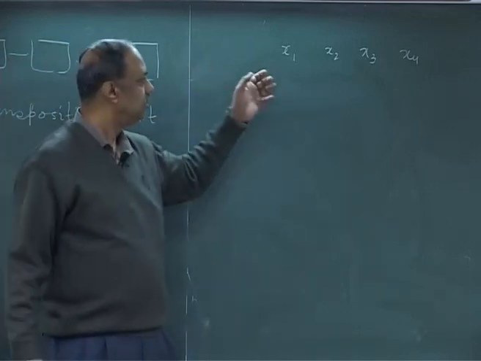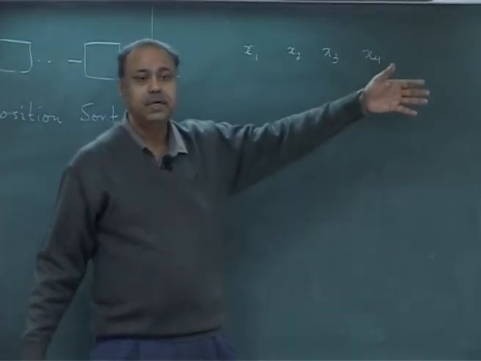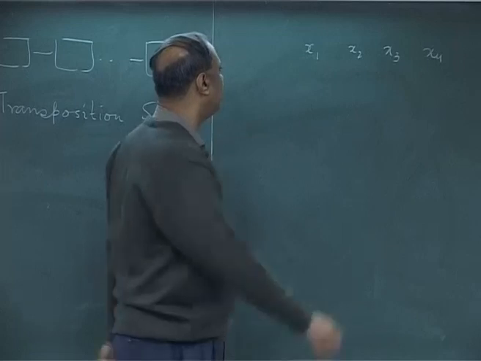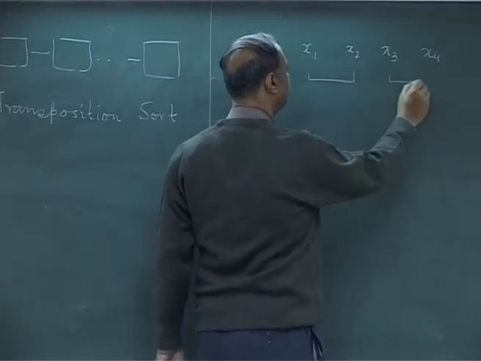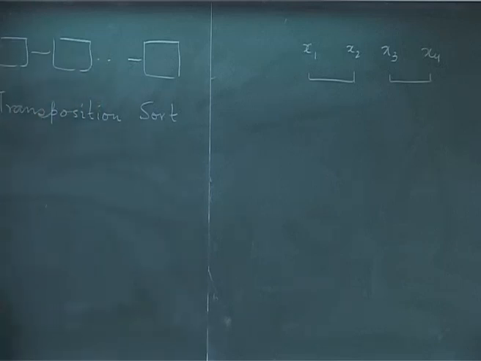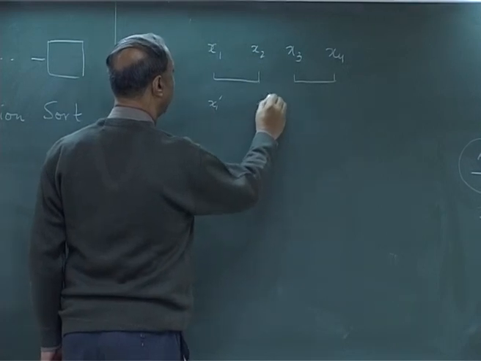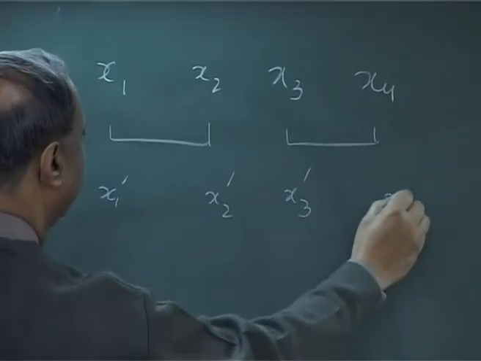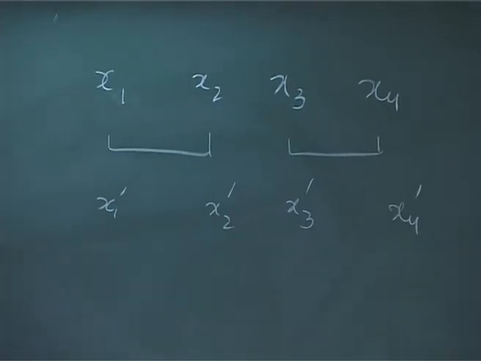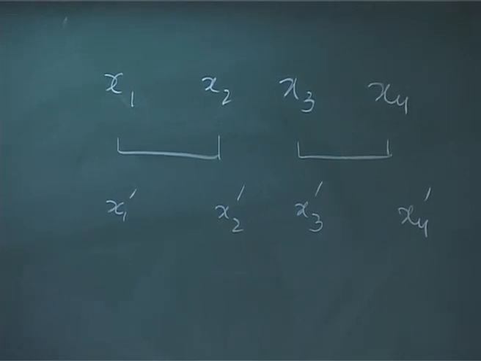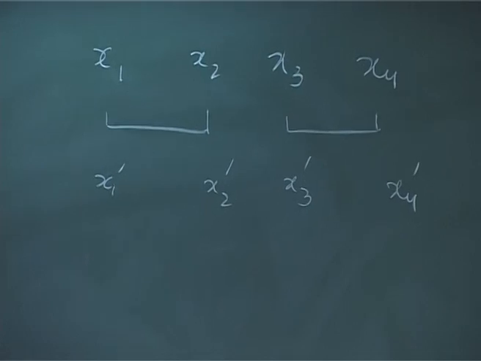One way is that x1 has to be given a chance to compare with every other element. So in odd even transposition sort, first every odd is compared with the next even element. So you get here x1 dash, x2 dash, x3 dash, x4 dash. The rejected element is in this part. Next stage, every even is compared with its next odd.